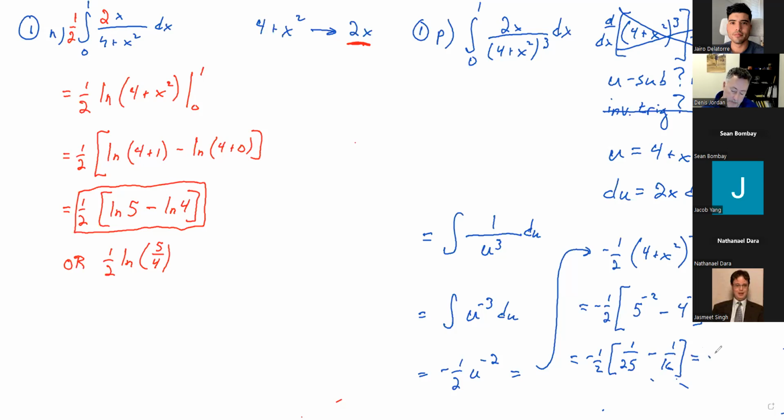I'm running out of room. Okay, so your common denominator is 25 times 16, which would be what? 400. And your numerator is basically 16 minus 25, so that's not bad.